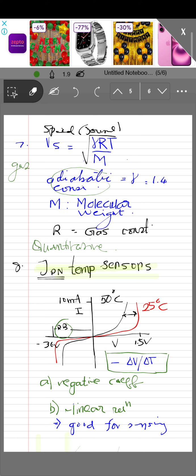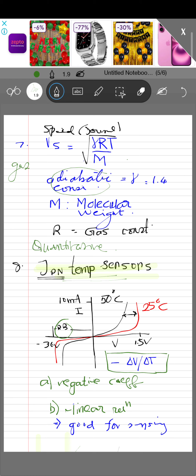The next is using a PN junction as a temperature sensor. For the PN junction, we all know there is a forward bias and a reverse bias condition. In the forward bias condition, the change in voltage usually has a negative temperature coefficient.